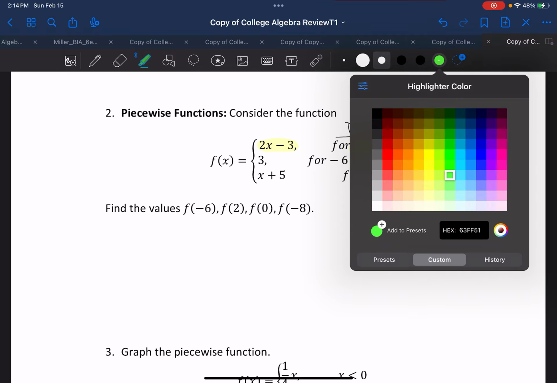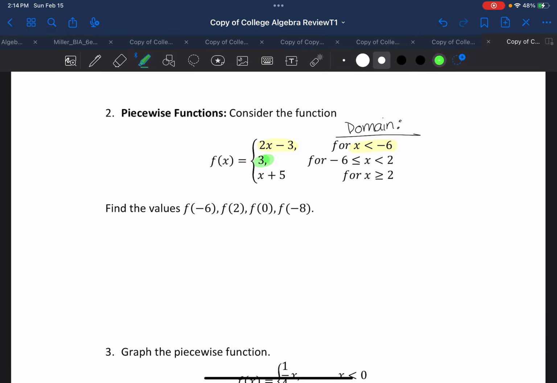And then it's equal to positive 3 when x is greater than or equal to negative 6 but less than 2. And then it's equal to x plus 5 whenever x is greater than or equal to 2.